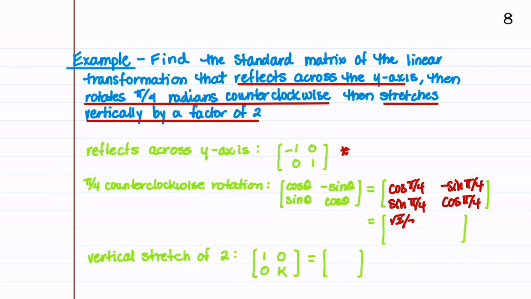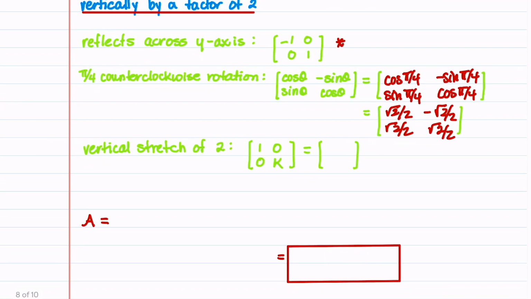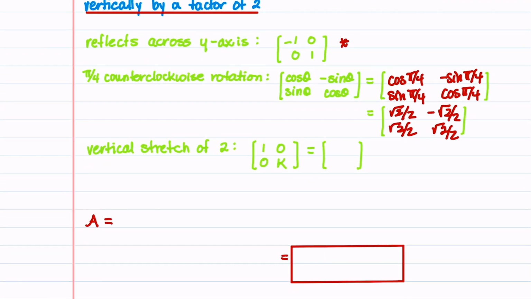So this is root 2 over 2, root 2 over 2, minus root 2 over 2, and root 2 over 2. Our last transformation is a vertical stretch by a factor of 2, so our K gets replaced with 2, and we have 1, 0, 0, 2.